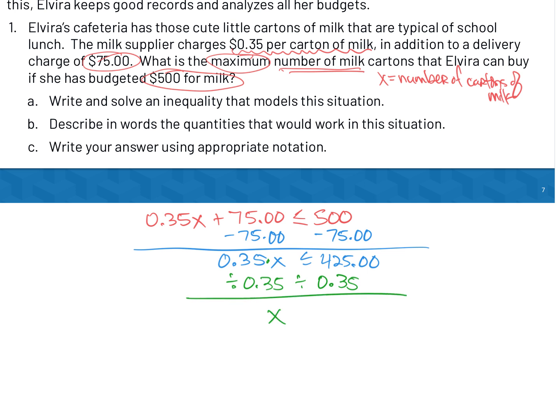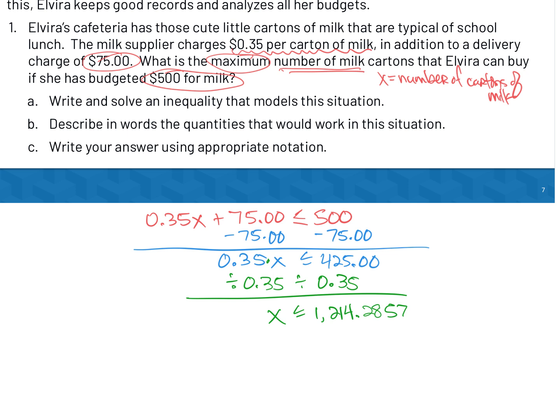All right, and then we're going to have X is less than or equal to 1,214. And notice how we have this decimal. We're trying to find the number of cartons of milk, so can we have 0.28 carton of the milk?